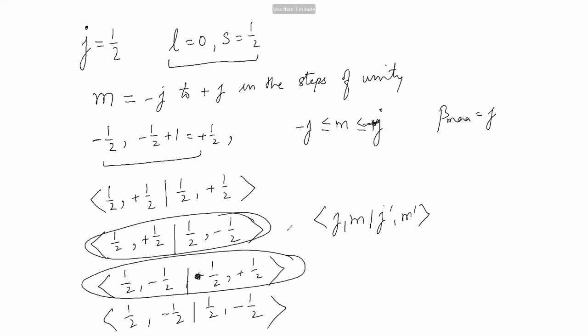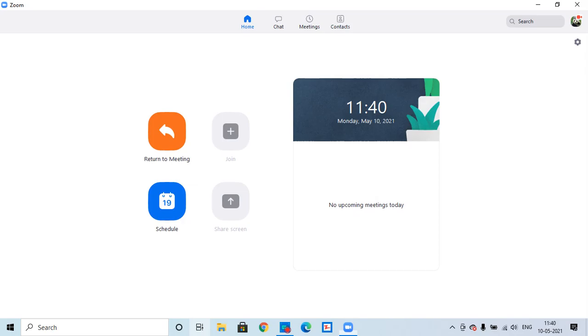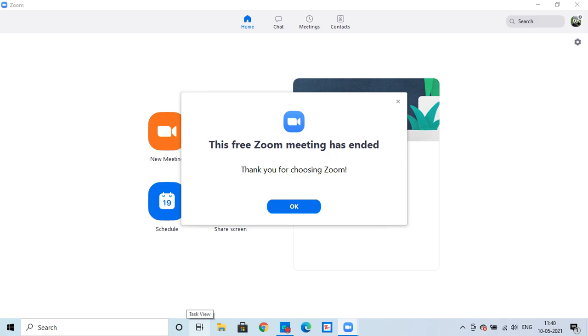Since M is not equal to M prime, I was discussing that J equal to half is allowing us to have two possible values of M, minus half and plus half.